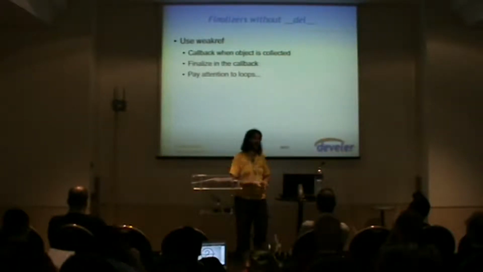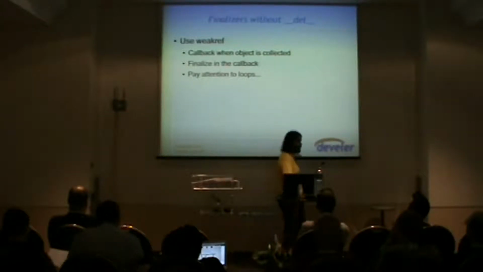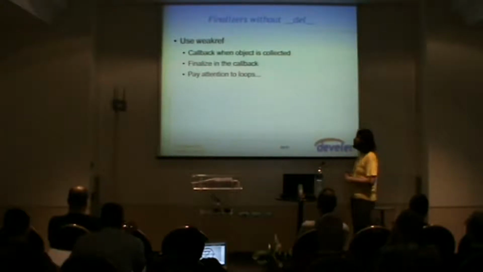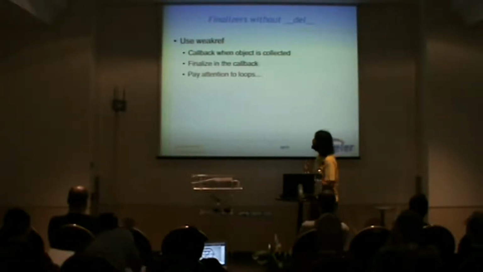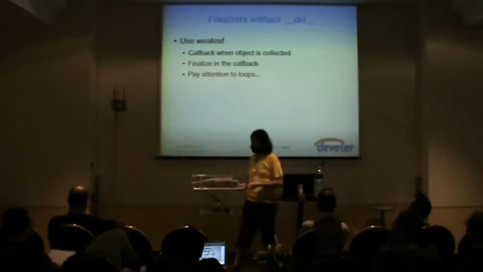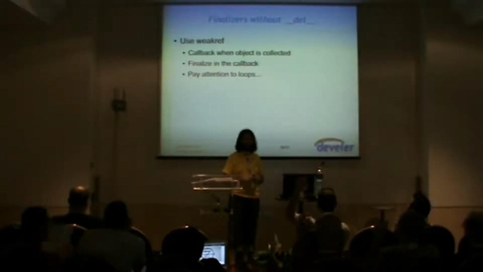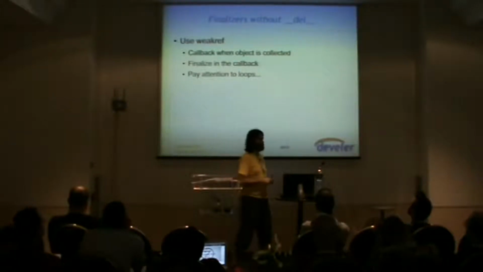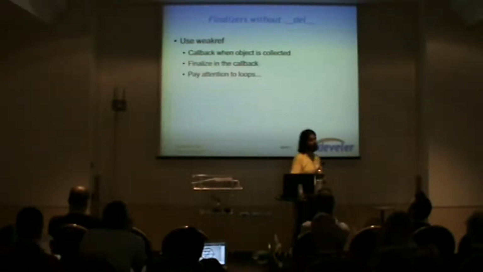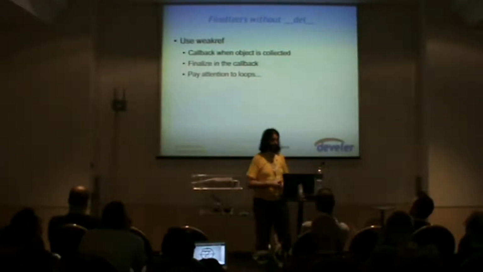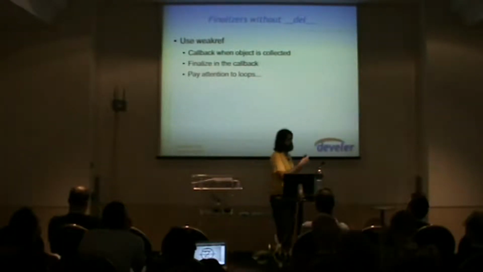How can you finalize objects without using del? There is actually a trick, and the trick goes through the use of weak references. How many people know what a weak reference is? Basically it's a reference to an object in a way that doesn't increase the reference count of that object.